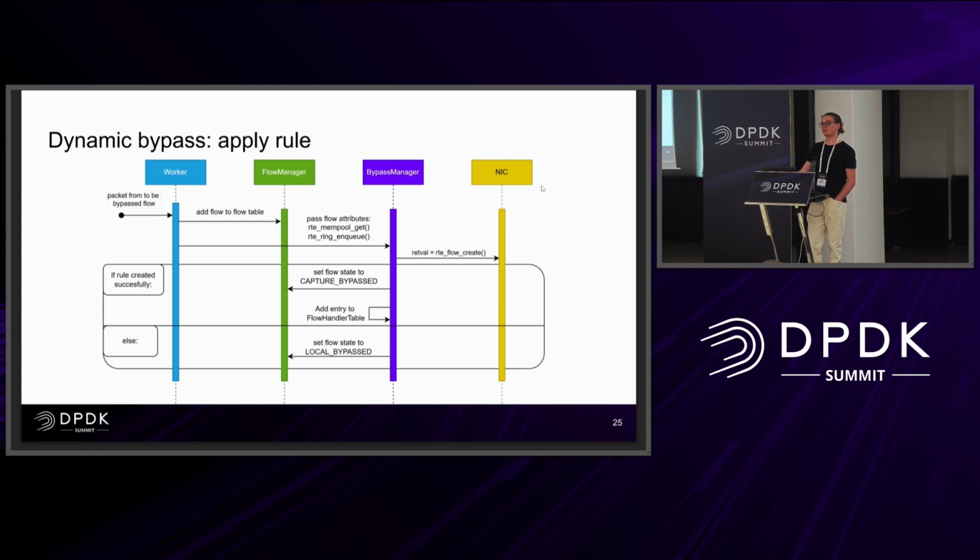But maybe I will just sidestep a little bit. A few years back, there was also one group from our company that did a project called RTE Flow Checker, and I really liked the idea behind it. It was basically just testing the capabilities of different NICs for RTE flow rules, but I think it's not supported for the new versions of DPDK, and that seemed like a good way to check what is possible.